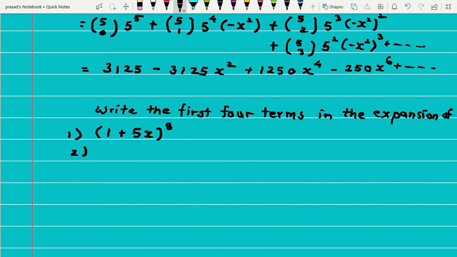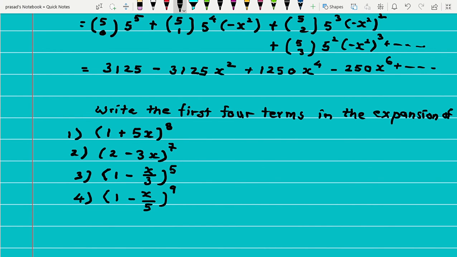Second one, 2 minus 3x to power 7. Third one, 1 minus x upon 3 to power 5, and next one, 1 minus x upon 5 to power 9.